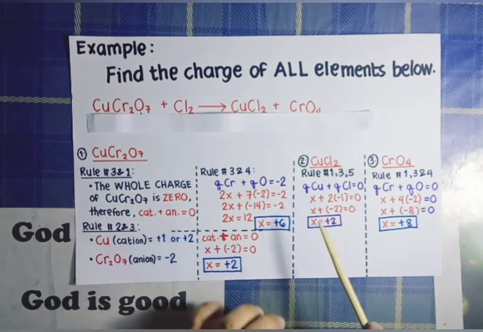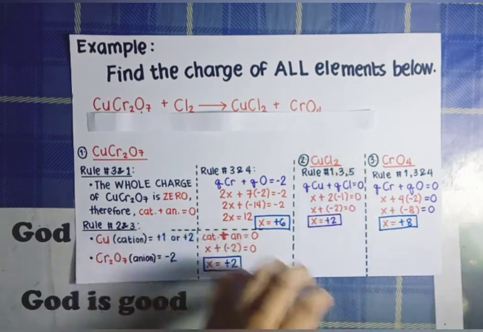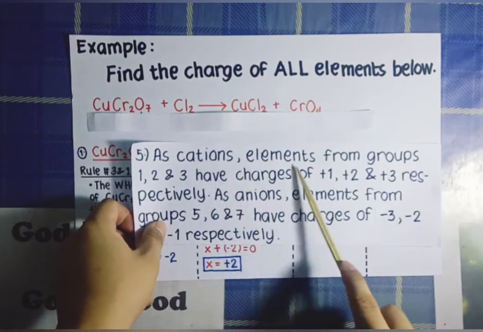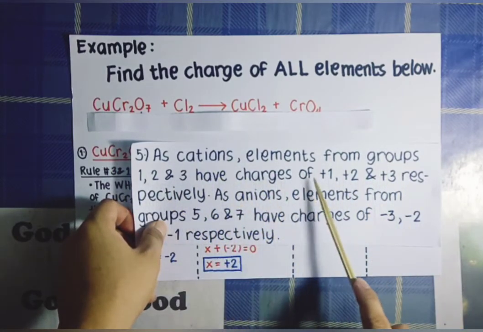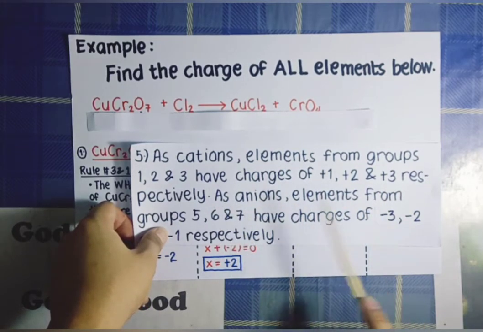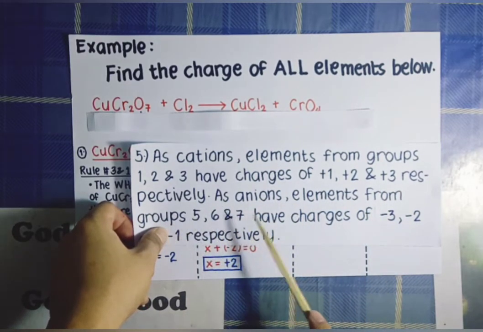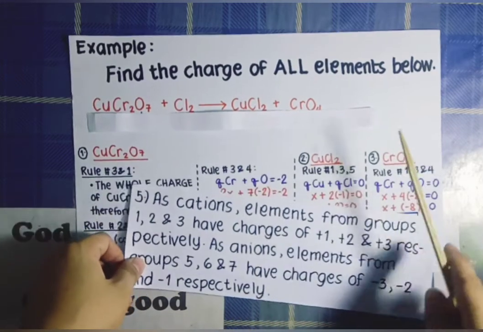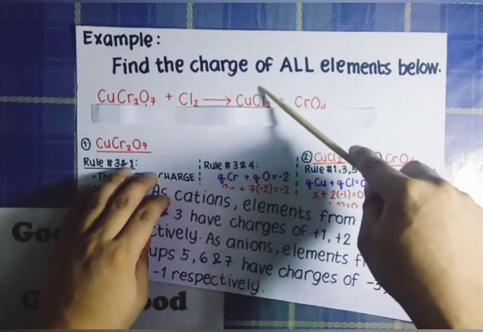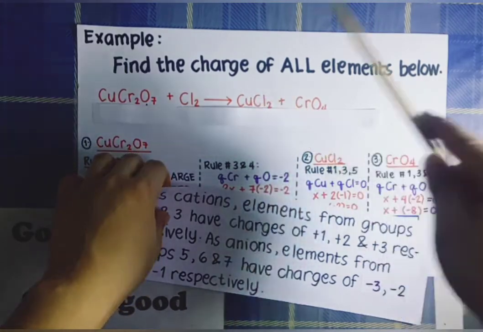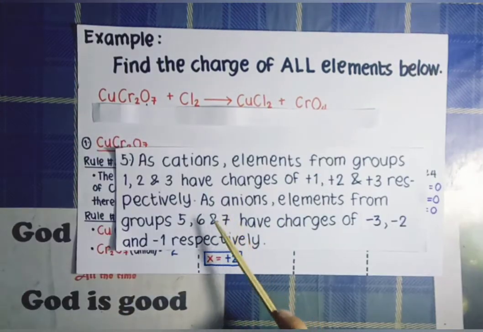Now, using rule number 5, which states that as cations, elements from groups 1, 2, and 3 have charges of positive 1, positive 2, and positive 3 respectively. As anions, elements from groups 5, 6, and 7 have charges of negative 3, negative 2, and negative 1 respectively. In this case, chloride is an anion, and this chloride anion, or the chlorine, is in group number 7.